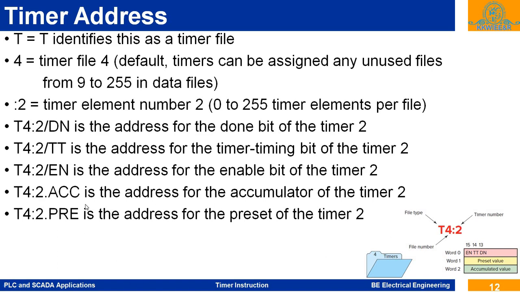For the accumulator or preset, here we are entering a decimal number, and for that decimal number a 16-bit word is used. For that we use a dot. T4:2.ACC is the address for the accumulator of timer 2. Similarly, T4:2.PRE is the address for the preset of the timer.